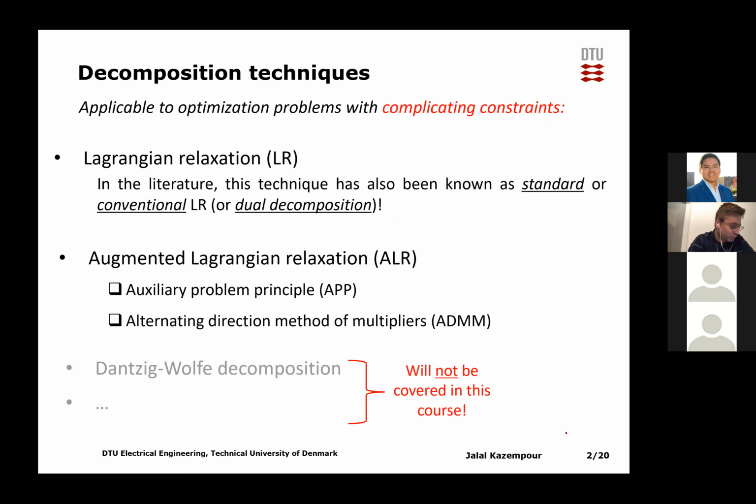In this course, though it was a part of the course in previous versions 2-3 years ago, I eliminated Dantzig-Wolfe decomposition. Also, I will not use APP in this lecture, though I will tell you roughly what the main idea is.